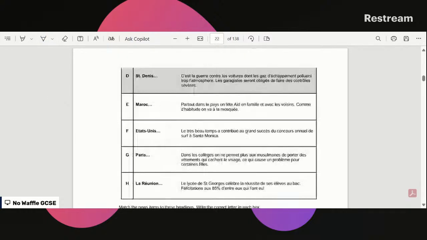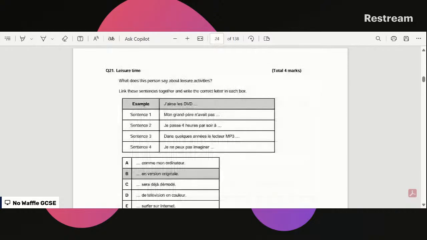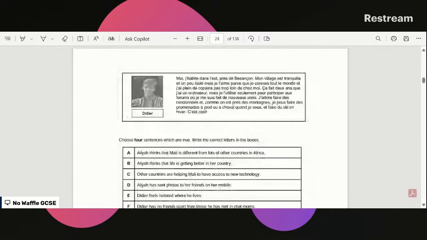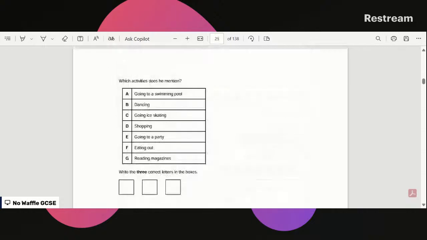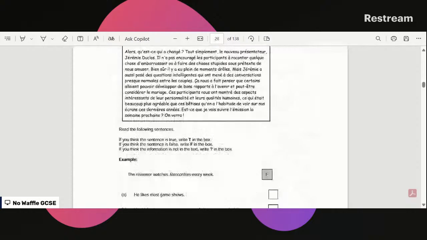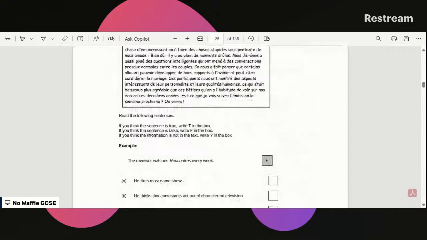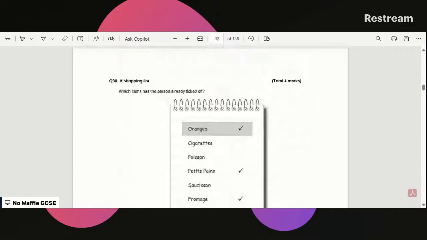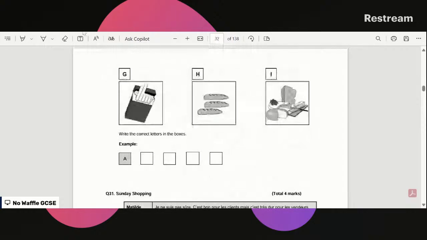Okay, we'll do higher questions, as people seem to want to do that. Do you want to keep going through this, or do you want to go through a past paper? I can try and link this document.